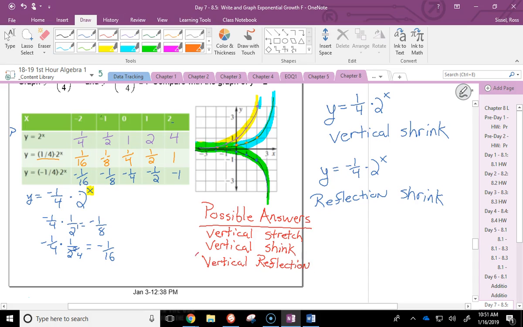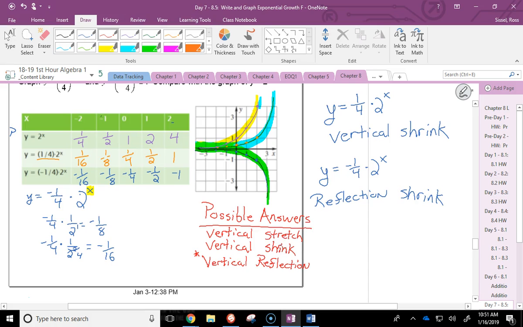And the special thing about that vertical stretch or reflection is you can combine it with the other two. You could say it's just a reflection, or you could say it's a vertical reflection stretch, or a vertical reflection shrink. Nope, I put shrink.